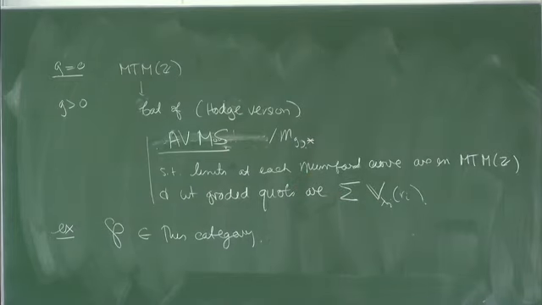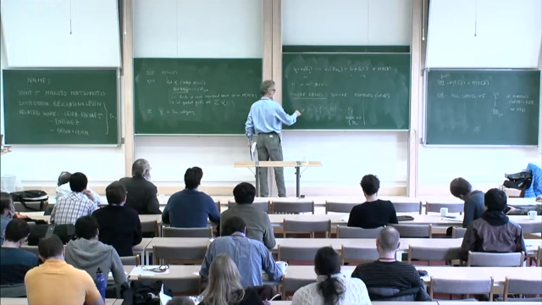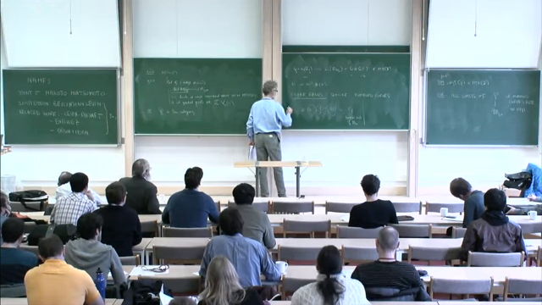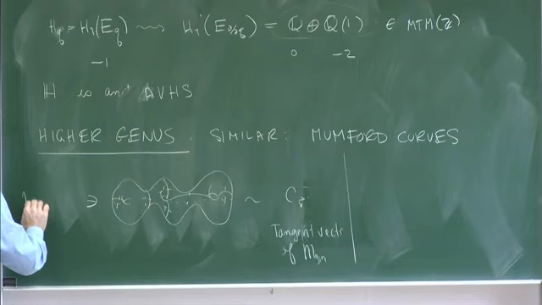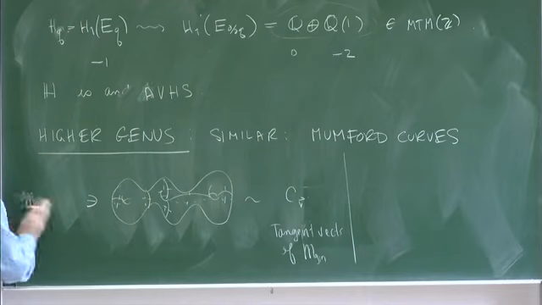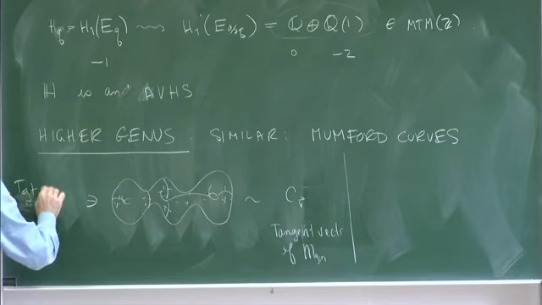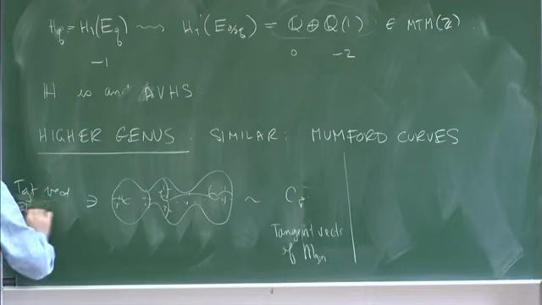I should also say that this point, this guy here, if you think of it as a curve here, is a tangent vector at infinity, in this case of M g.